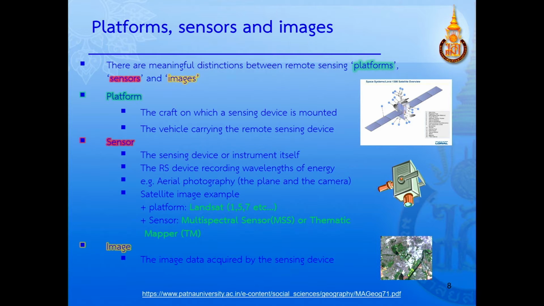The sensor always detects objects, as I told you before, detecting objects from our world. Then the output that we get is an image, which we call a satellite image. This is the components of remote sensing: the platform and sensor, then detect the objects and produce the image.